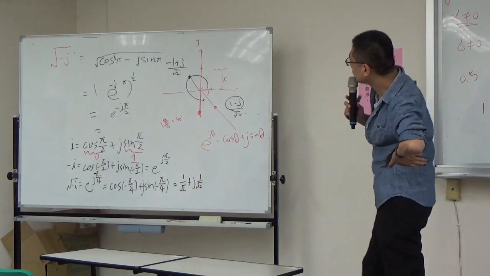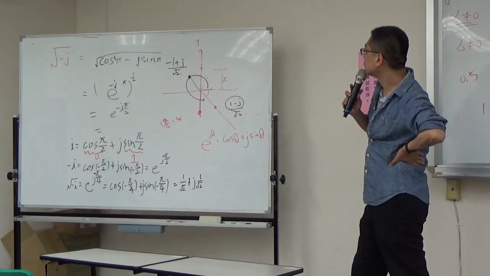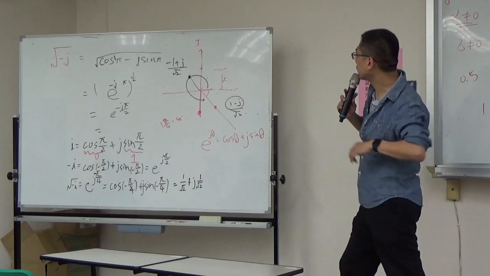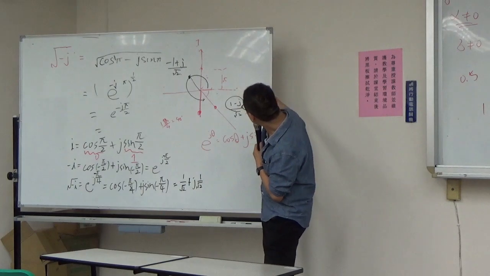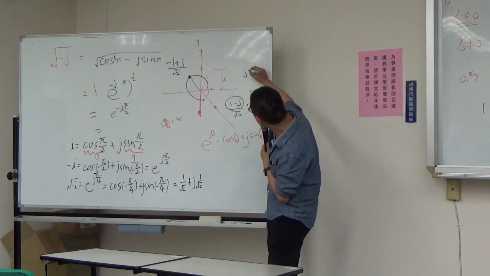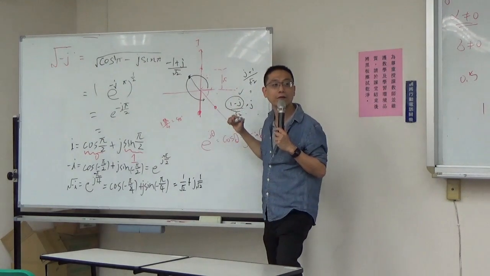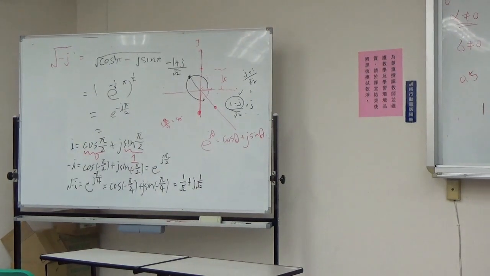Yeah. If you take that and multiply by j, it will equal j plus 1 over 2. Oh, yeah, this is right. You guys get it? There's a j outside, right?